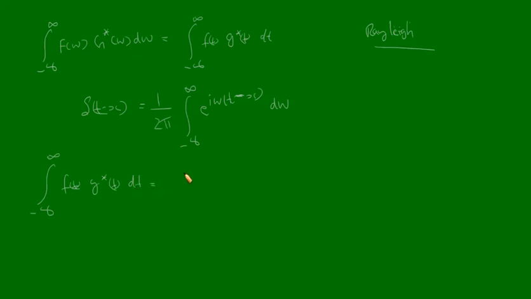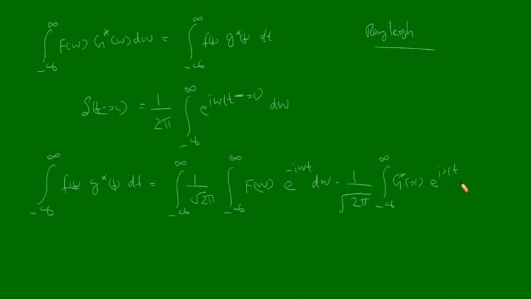This will be equal to integral from minus infinity to infinity of 1 by root 2 pi integral from minus infinity to infinity f of omega e raised to minus i omega t d omega, into 1 by root 2 pi integral from minus infinity to infinity g star x e raised to i x t dx, into dt.